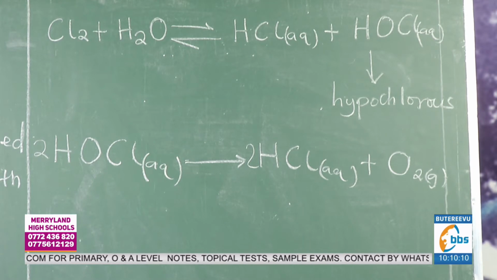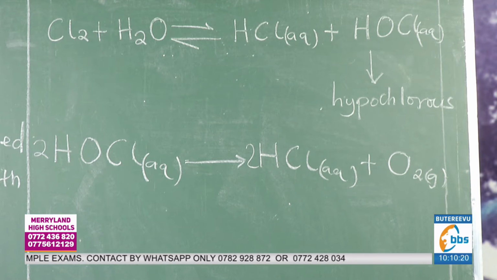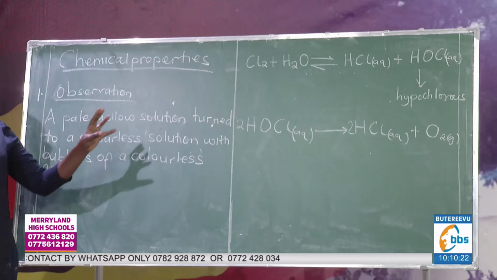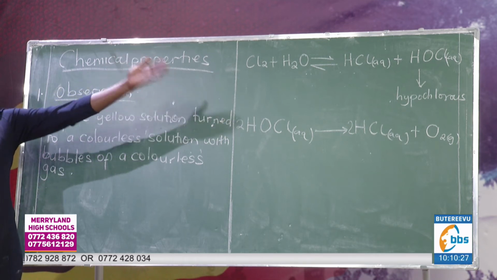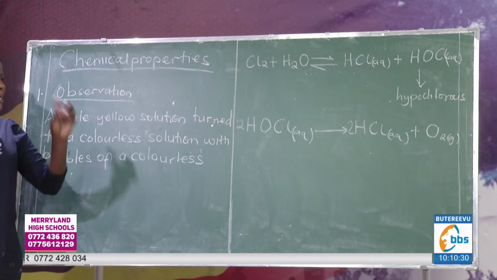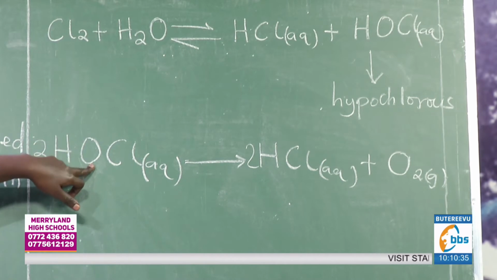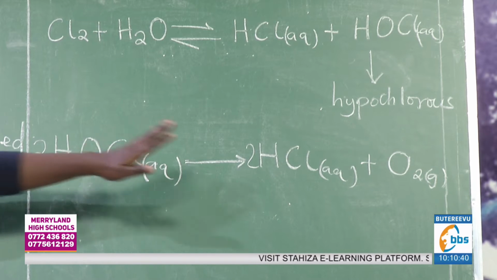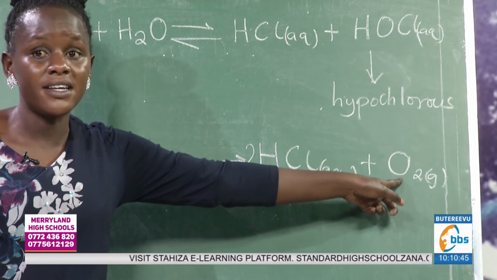Okay? So what would be the explanation? The explanation would be that chlorine water is a pale yellow solution, and it is a mixture of hydrochloric acid and then hypochlorous acid. But the hypochlorous acid that is formed is a very, very reactive compound that when exposed to sunlight, it decomposes to give HCl and then our oxygen gas.